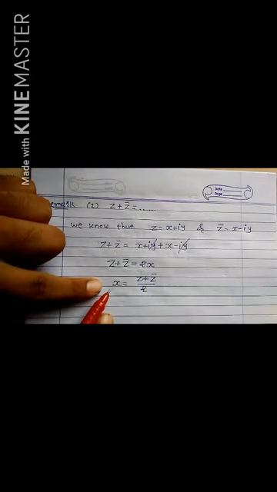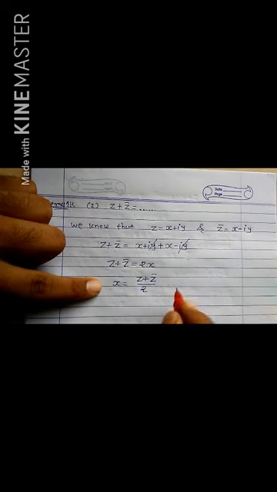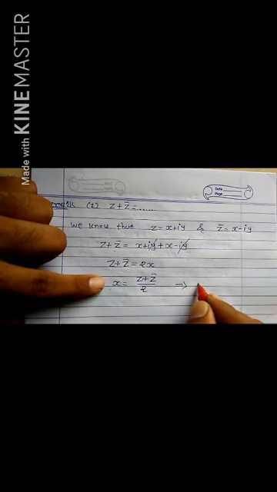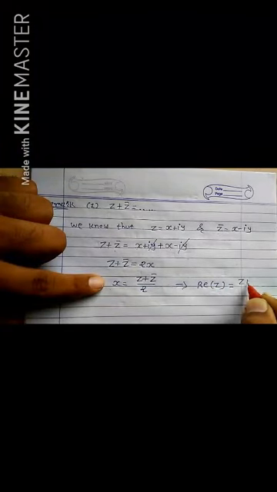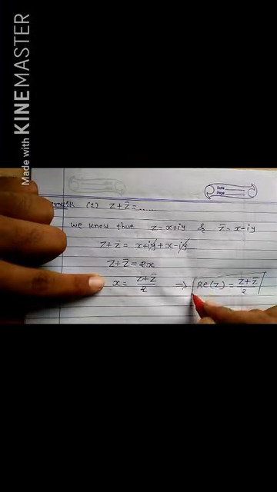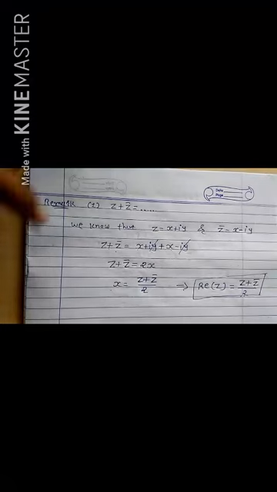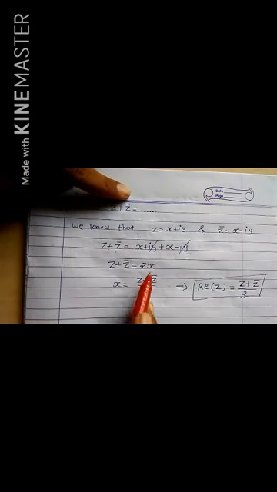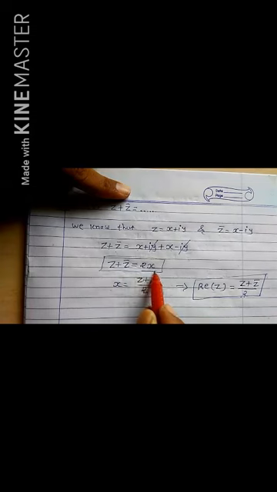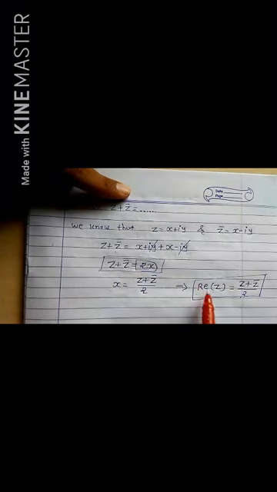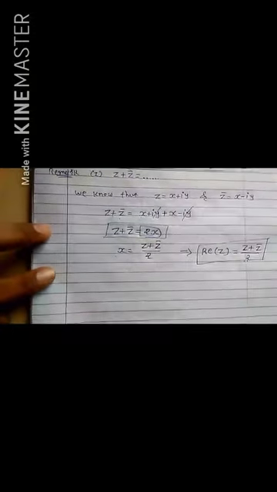What is x? x is real of z, implies real of z equal to z plus z bar divided by 2. This is our first remark. What is the answer here? z plus z bar is equal to 2x. Yes, real of z equal to z plus z bar divided by 2. Now second remark.